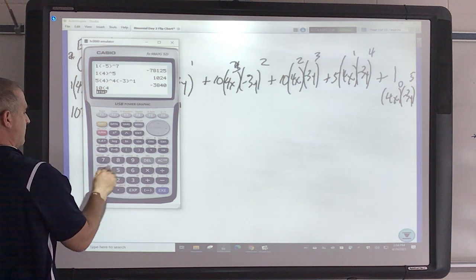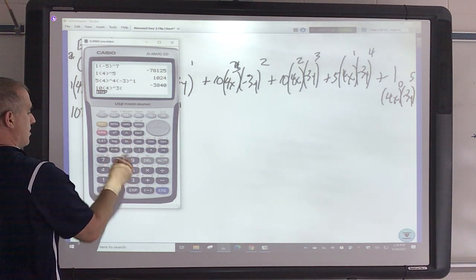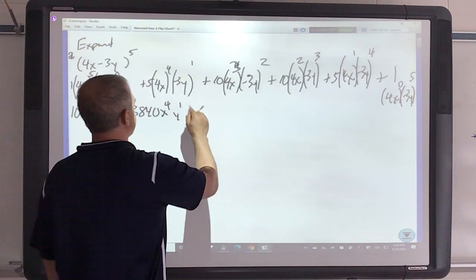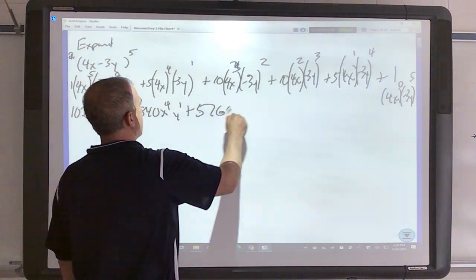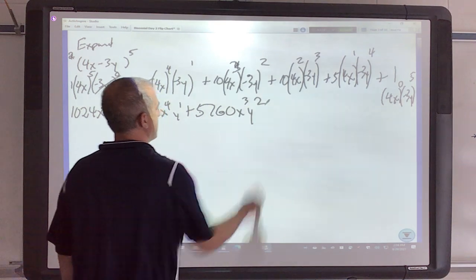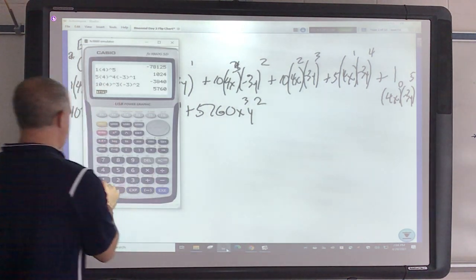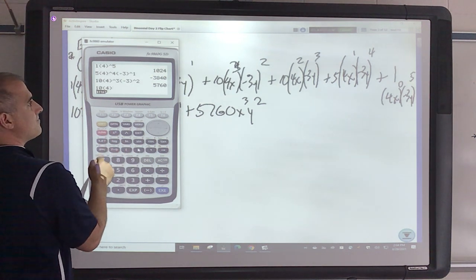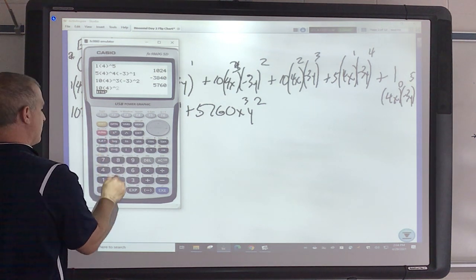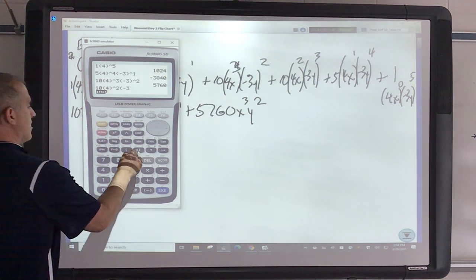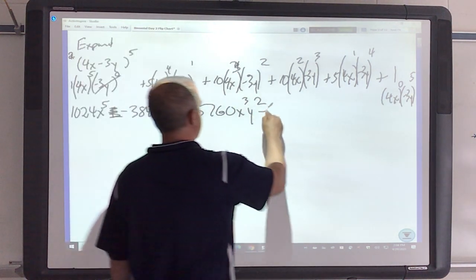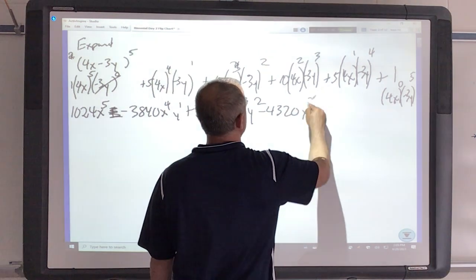Then 10, 4 cubed, negative 3 squared, 5,760 x^3 y^2. Then 10, 4 squared, negative 3 to the 3rd, negative 4,320 x^2 y^3.